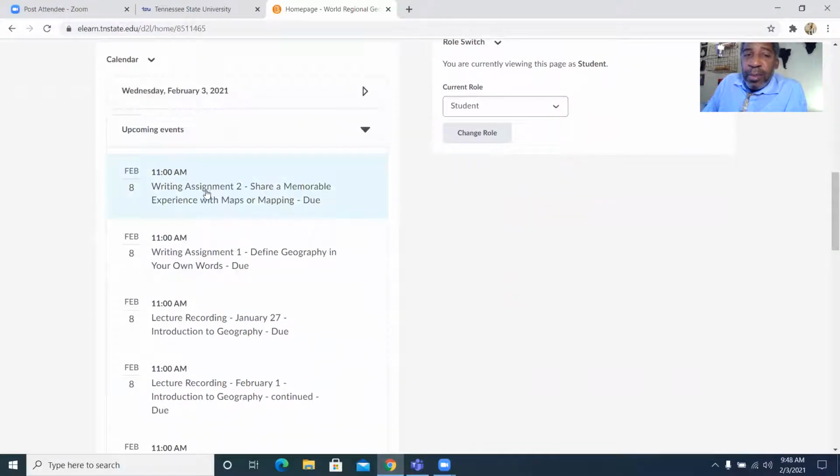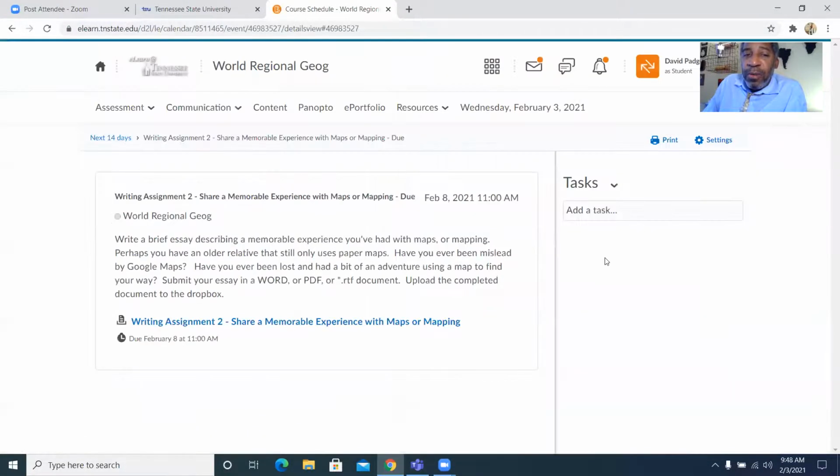And then writing assignment 2, which is also due on February 8th. This is more of an essay. I want you to tell a story. Describe a memorable experience you've had with maps or mapping. Again, you might have an older relative who, when you go on a family trip, maybe your Uncle Charles still wants to use a paper map to navigate.